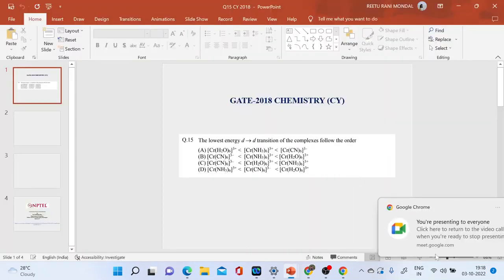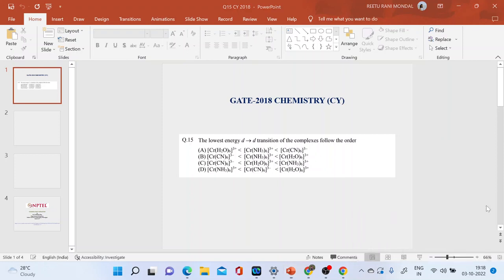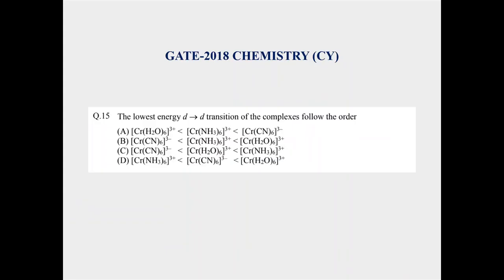That's question number 50. So next we will discuss question number 15 from the GATE 2018 paper. The question is, the lowest energy d-d transition of the complexes follows the order.